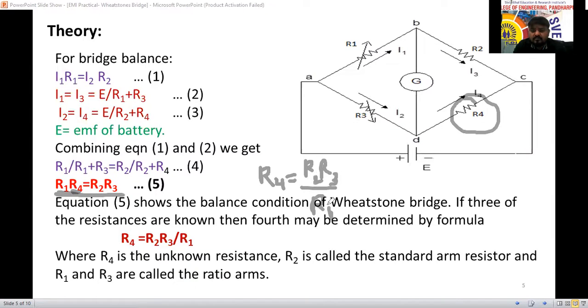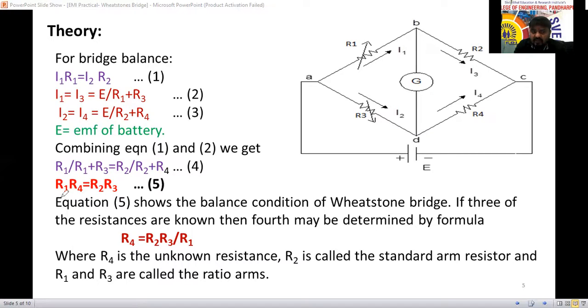Or we can use R1 as the unknown. So R1 equals R2 R3 divided by R4. You can write that also. Under the balanced condition, R1 and R4 are opposite resistances, and their multiplication equals R2 and R3.